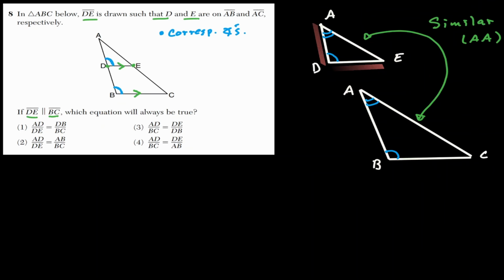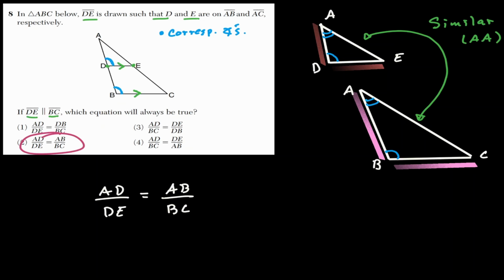Well, that is proportional to the left-hand side of the big triangle divided by the bottom of the big triangle. And now notice that we match option number 2. That's the ratio that we can obtain.